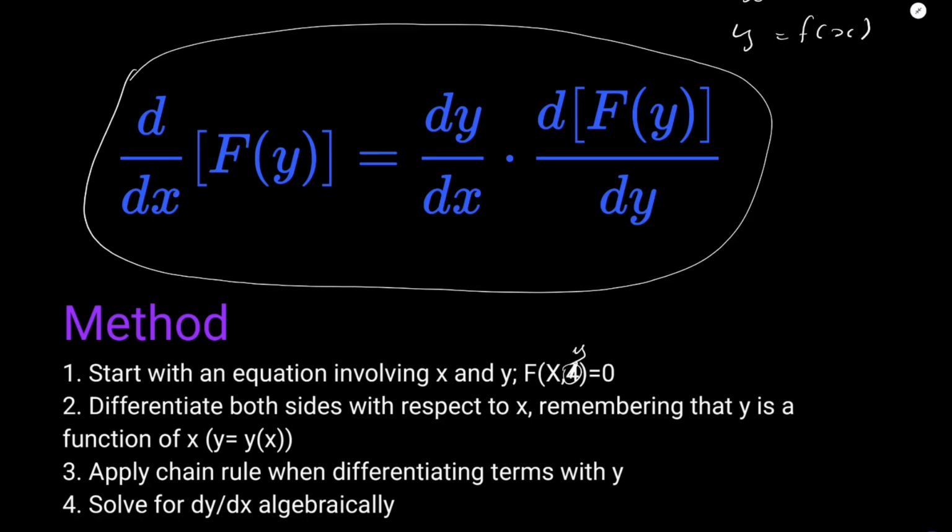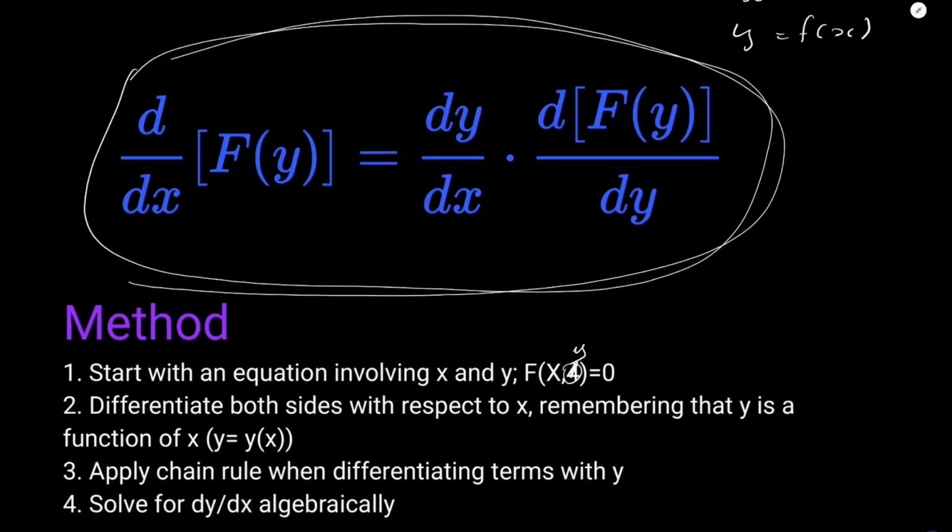The next rule is remember the chain rule for any term in y. That is, for every function in terms of y, we use the chain rule, which is stated here, in order to carry out its differentiation. The third step is simplify after differentiation. That is, after we've differentiated implicitly both sides, we simplify in order to solve for dy/dx algebraically.